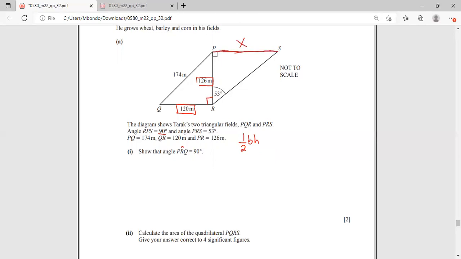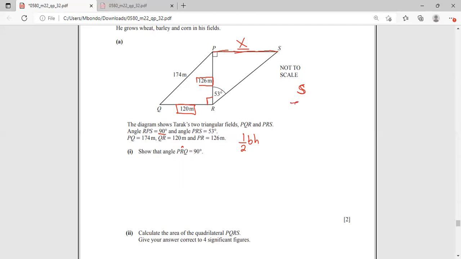So to find this distance, which is PS, we are going to use one of the ratios. This is the opposite to this angle, and then this is what? The adjacent. Okay, so what are we going to use? We are going to use a tangent, isn't it? I mean, yeah, a tan.